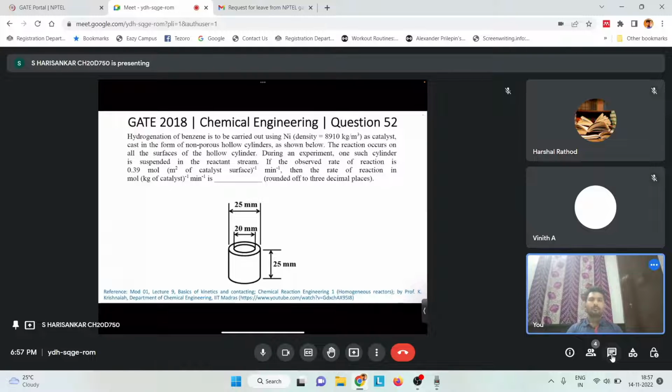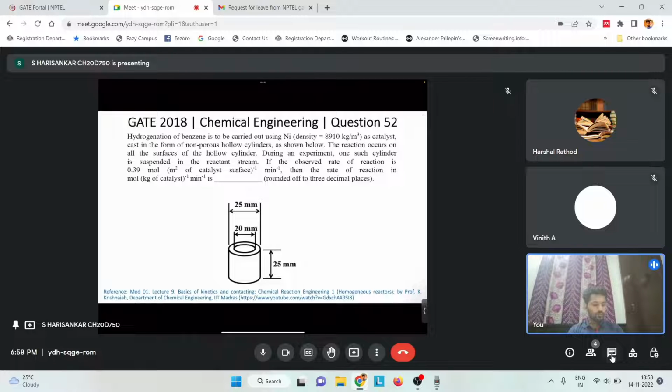Here in this question, they are trying to carry out a reaction using a catalyst by dipping it into the reaction stream. The catalyst is in the form of a hollow cylinder with the dimensions as given here. They have also said that the reaction happens on all the surfaces of the hollow cylinder, and the observed reaction rate is 0.39 mole per meter square of catalyst surface per minute.